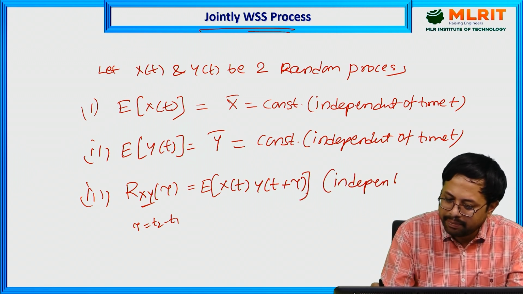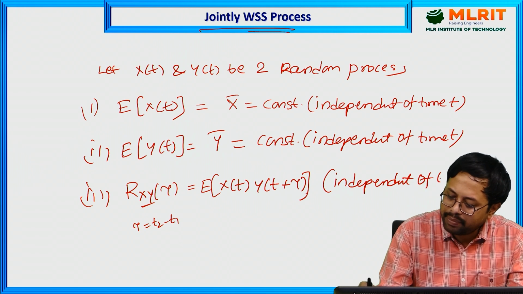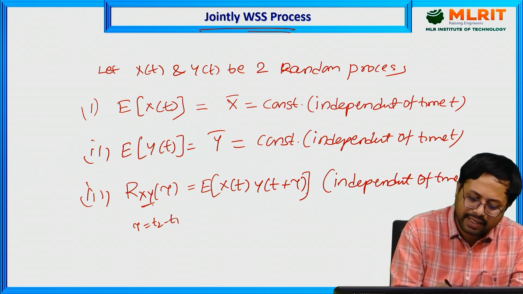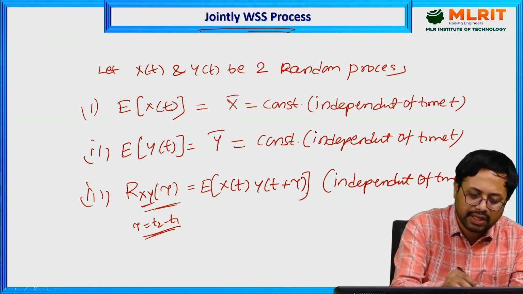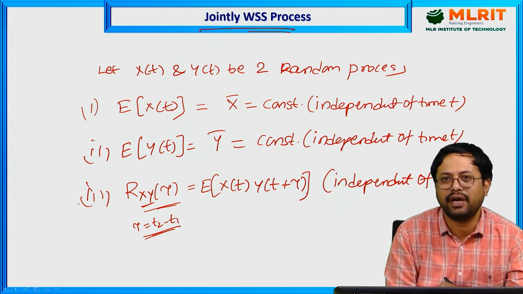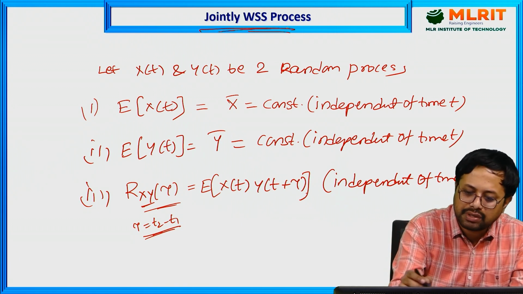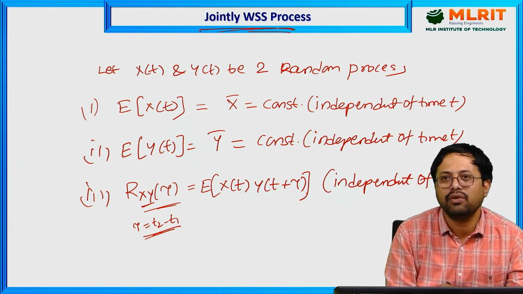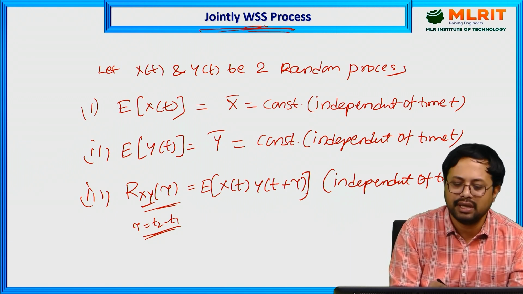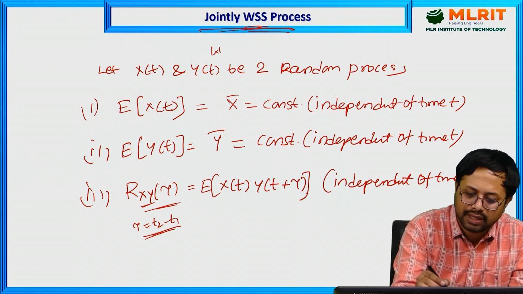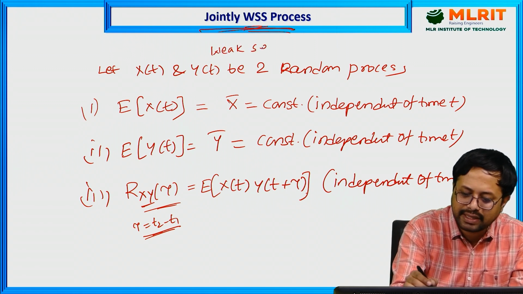A stationary process is independent of time t, but here it depends on tau, the time difference. If all three conditions are satisfied, then the given process is said to be jointly wide sense stationary. WSS represents wide sense stationary, also called weak sense stationary.